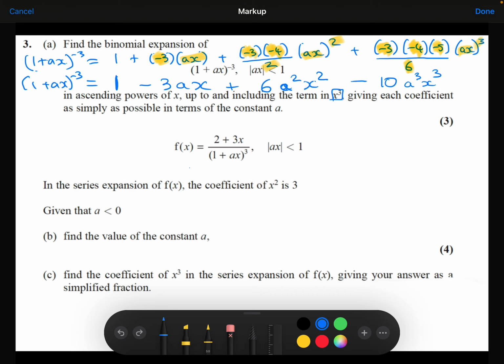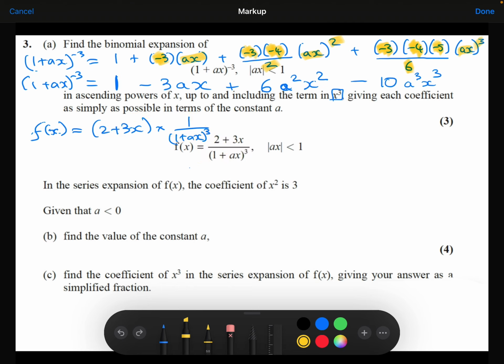And so if I were to split f(x) up, I could think of f(x) as being the 2 plus 3x multiplied by 1 over (1 + ax) cubed. Hopefully you can see that this is the same thing as this.